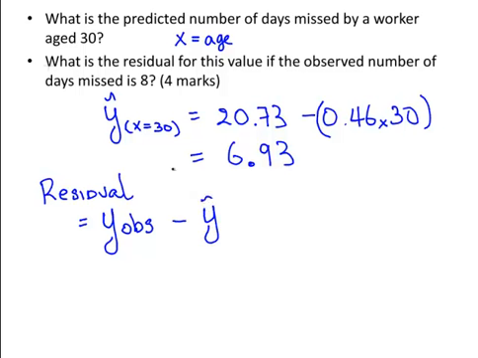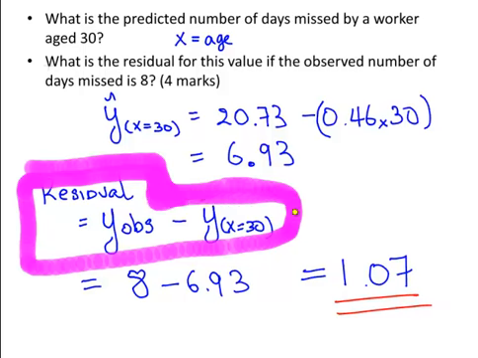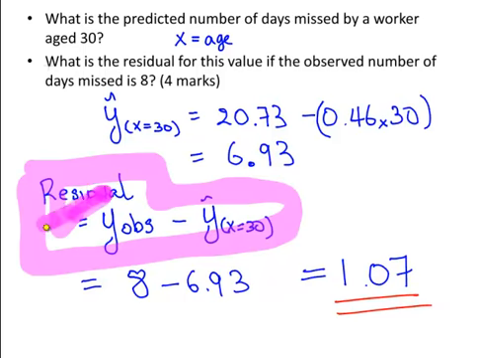So here that is equal to 8 minus 6.93, which is equal to 1.07. That's the residual, 1.07. This is an important part here. How do we calculate the residual? It's the observed value for y minus the predicted value for y for some age value x.